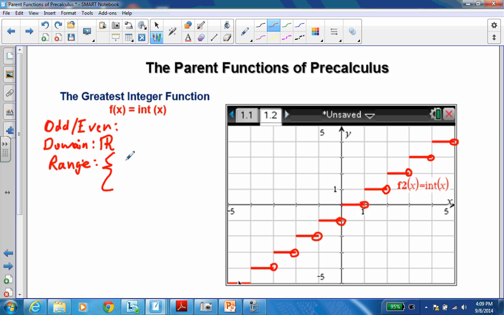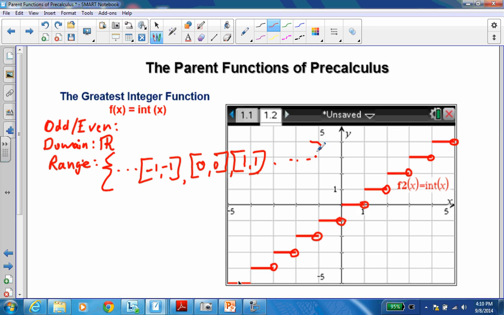The range is going to be negative 1 closed, comma, 0, comma, 0, close brackets, and 1, comma, 1, close brackets, and so on, right?